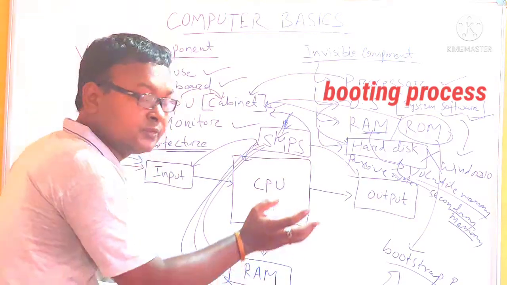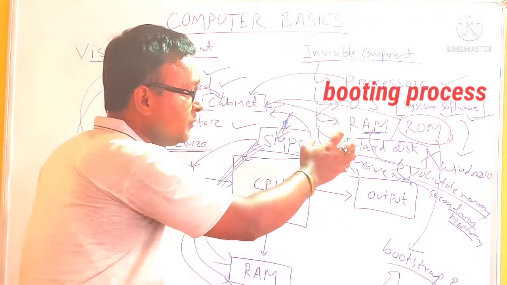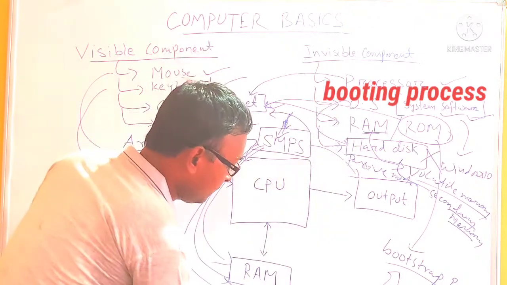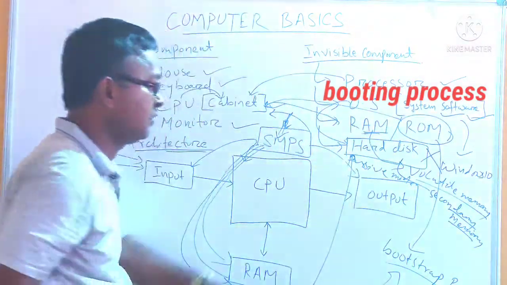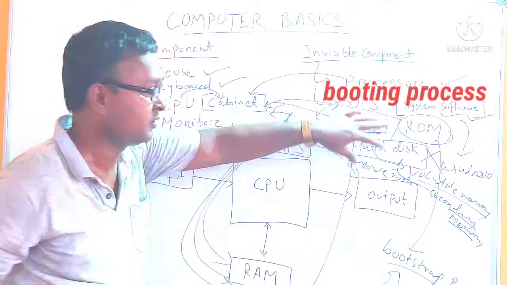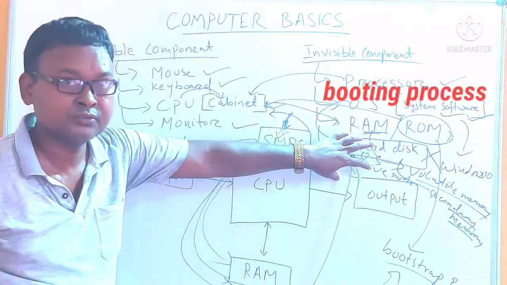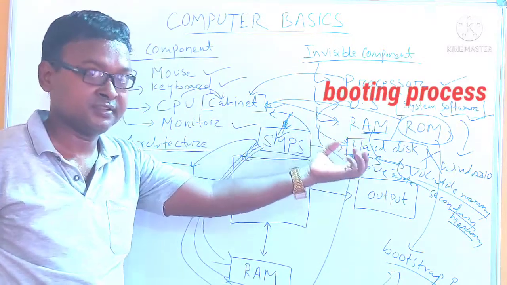the operating system which is sitting in the hard disk in a passive mode. It goes to the disk where the operating system is stored in a passive mode, and it activates the operating system.